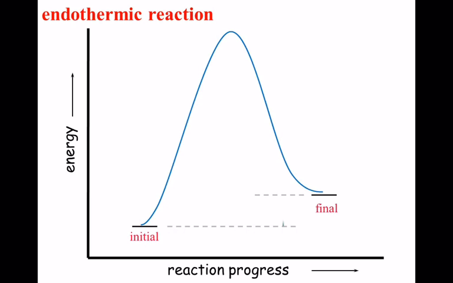It's definitely endothermic. And then when we come up with the energy barrier, the activation energy, again, it's from the initial state up to the top. So that's your activation energy. You can say a lot with a picture.